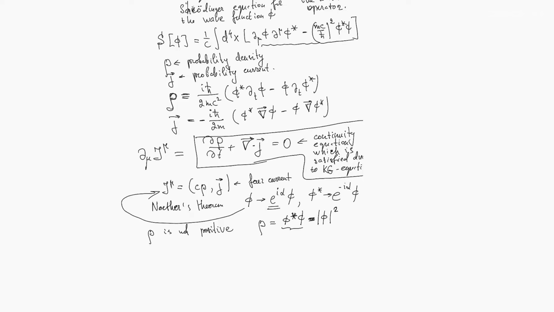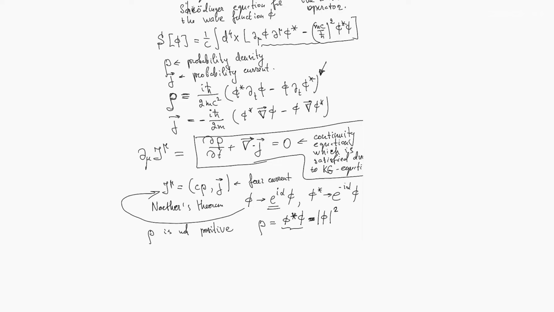Why is rho not positive? You can see it from the explicit expression for rho. That is because now in the relativistic case, you deal with a second order differential equation. And since you deal with a second order differential equation, to solve it you need to supply initial conditions.